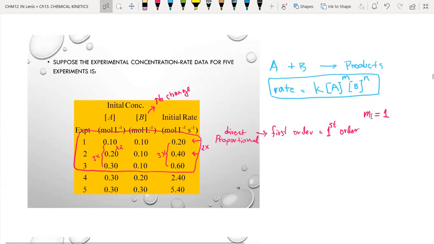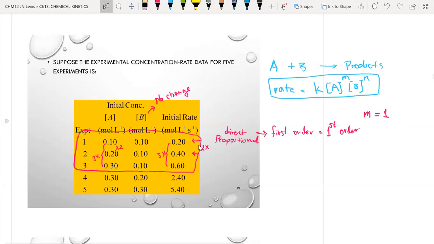Again, it is first order if the initial rate increases when you increase the concentration of, in this case, reactive A in the same proportion. The increments here and the increments here are in exactly the same proportion.